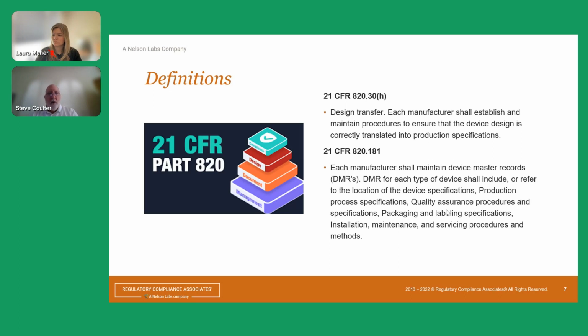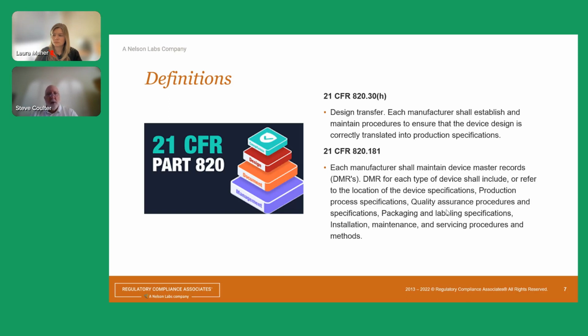Just for a hierarchy, if you're trying to take a look at medical devices versus drugs or biologics, the medical devices are in the 800 series. The 820 series, so if you get not just to the 800s, but to the 820s, those are the quality system regulations. They are the GMP regulations for medical devices.